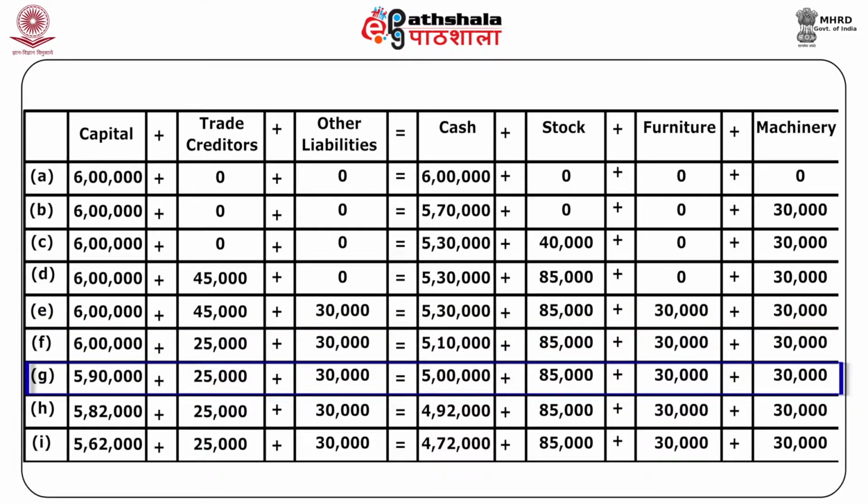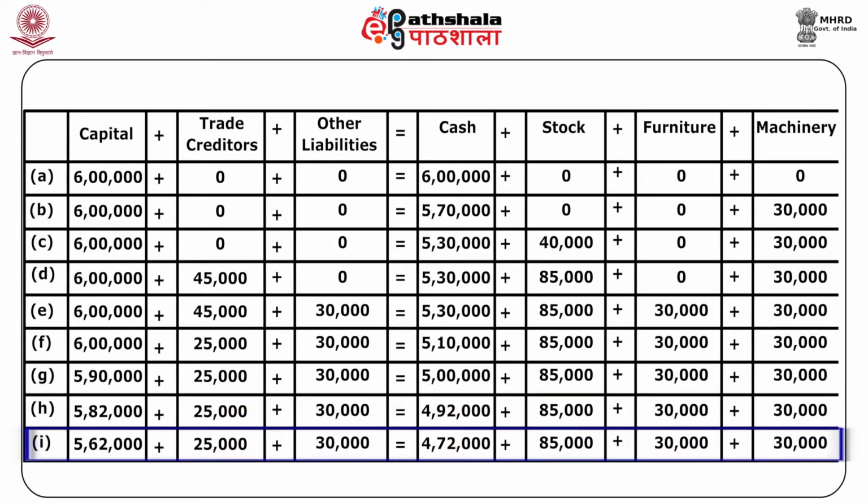On G part, we have 5,90,000 of capital plus 25,000 of creditors plus 30,000 of liabilities, which will give you 5 lakh cash, 85,000 of stock plus 30,000 furniture plus 30,000 of machinery. On H part, we have 5,82,000 plus 25,000 plus 30,000, which will give you 4,92,000 plus 85,000 plus 30,000 plus 30,000.